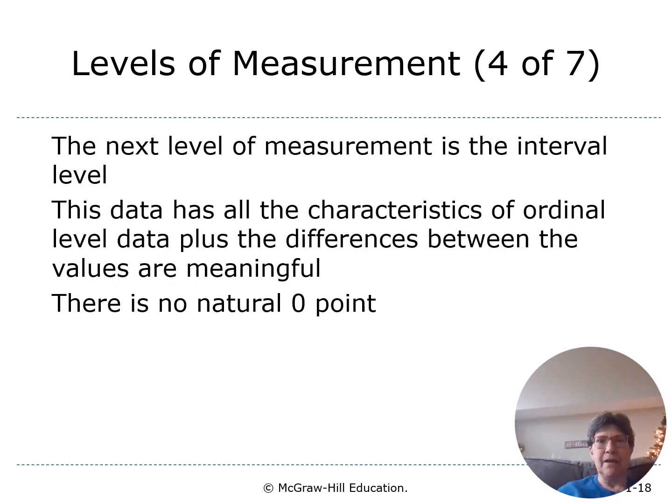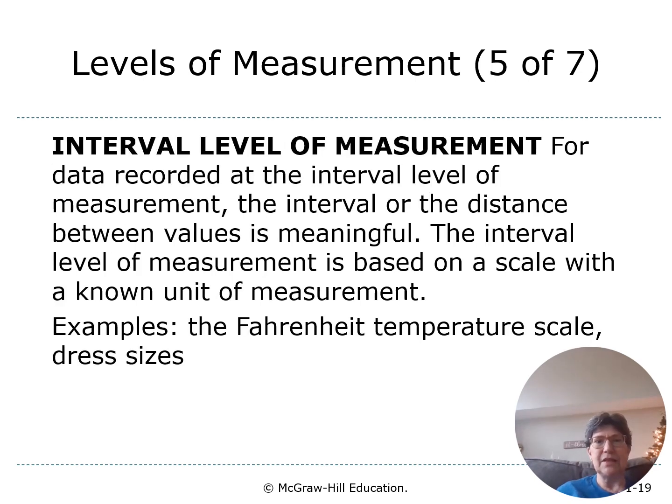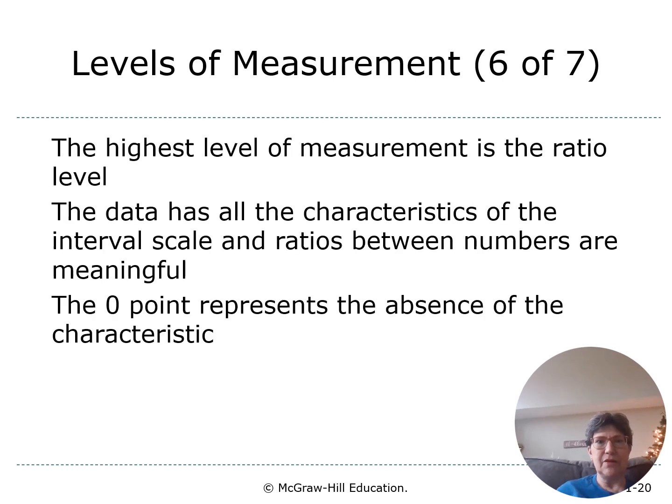The next level of measurement beyond ordinal is interval. Interval is also ranked, but there is an equal amount between each value. And the next level is the same as interval, the only difference is there is an absolute 0. That is considered ratio.